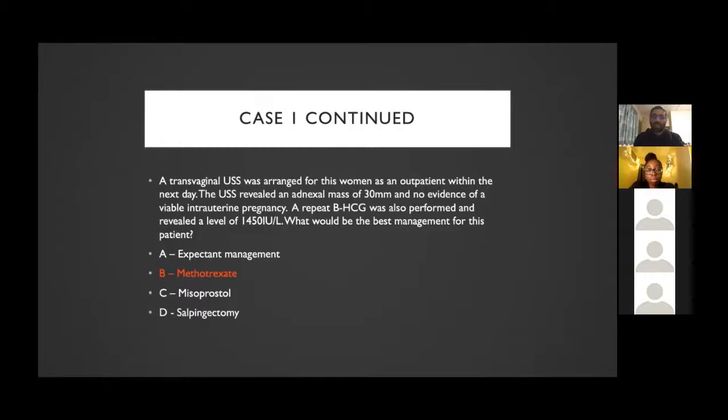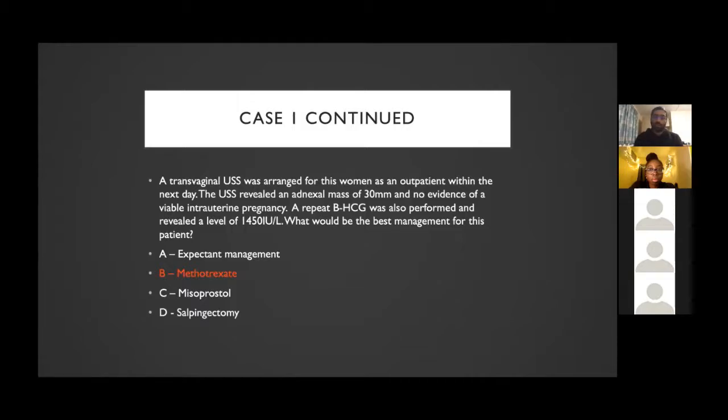Expectant management isn't generally advised in ectopic pregnancy. It can be offered, but it's not the mainstay because it's implanted within the adnexa, so it will be harder for it to pass normally compared to something like an intrauterine pregnancy.